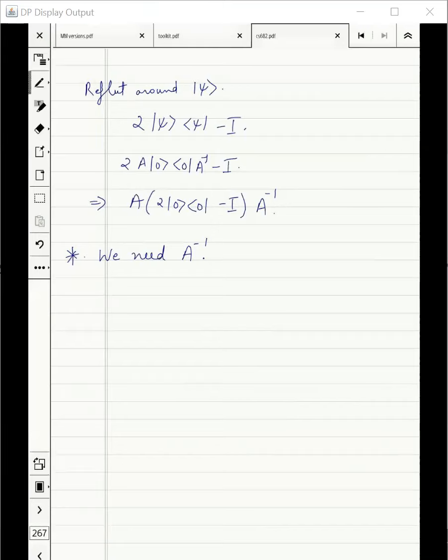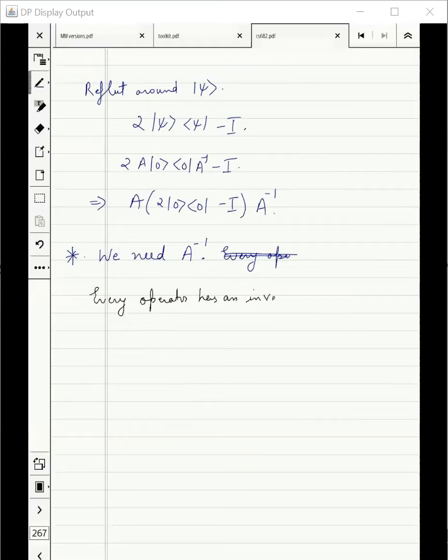In the quantum case, what are the operators which do not have an inverse? Every operator has an inverse. They are all unitary, right? Good. Every operator has an inverse.